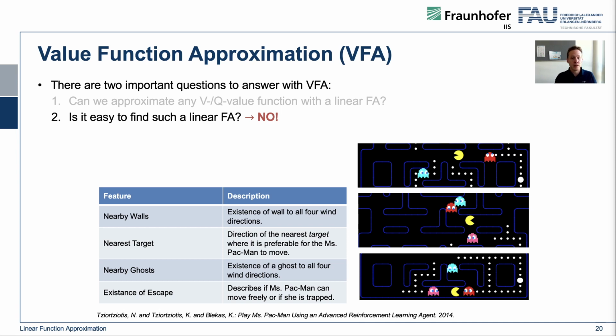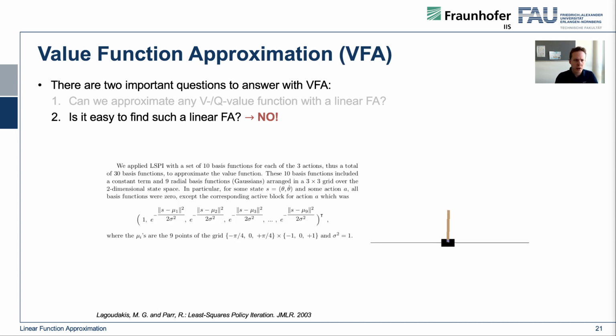If you define features like this, you can also come up with linear function approximators that solve the problem. Besides games, there have also been control problems that have used linear value function approximation. What you see here is actually cart pole.